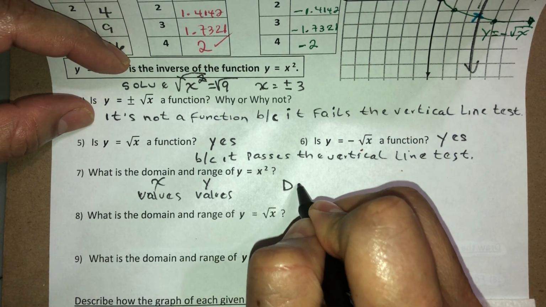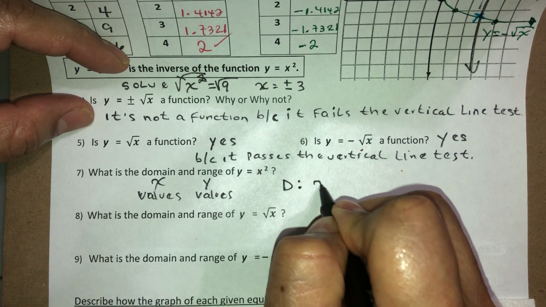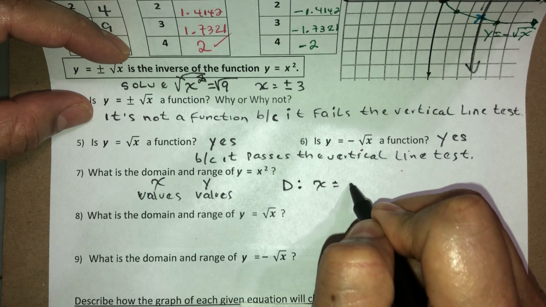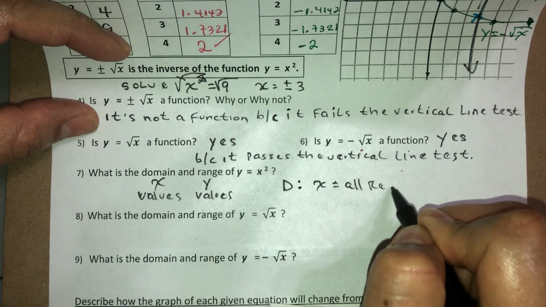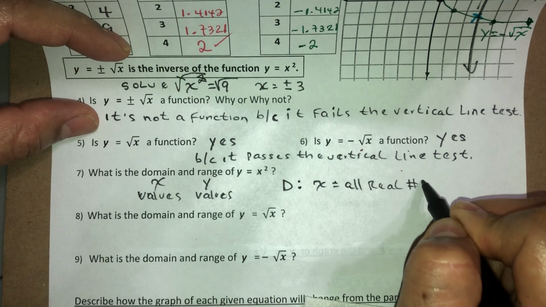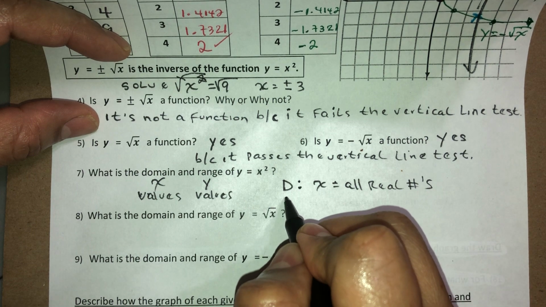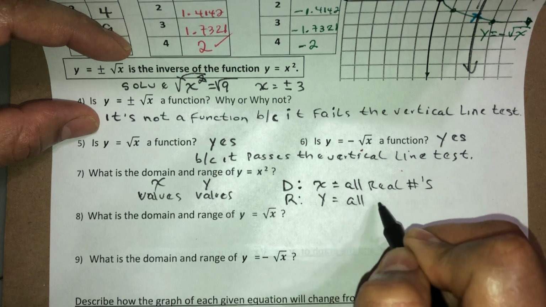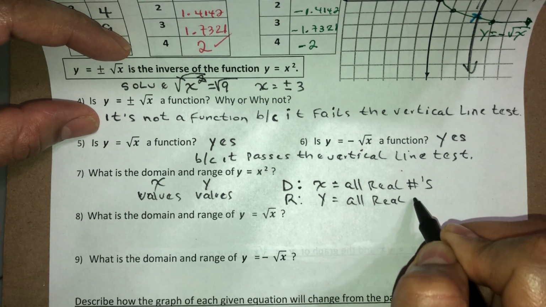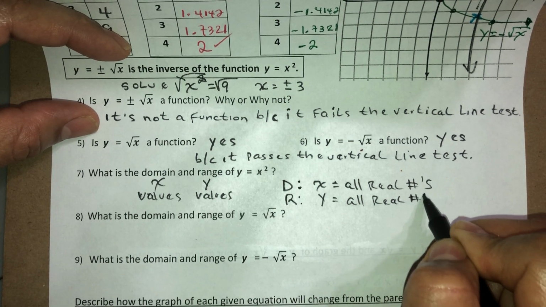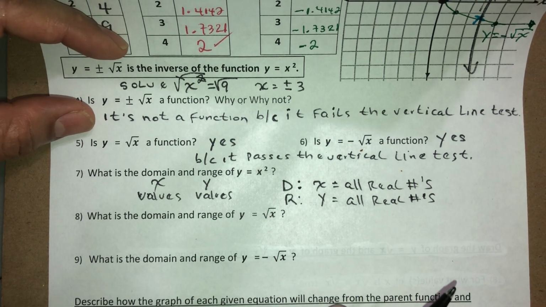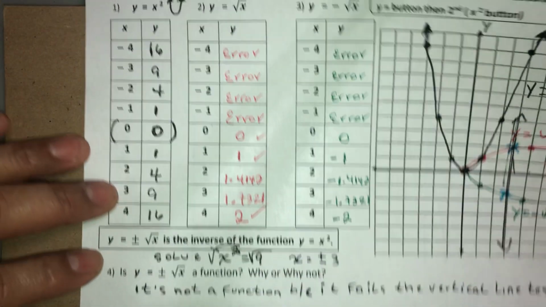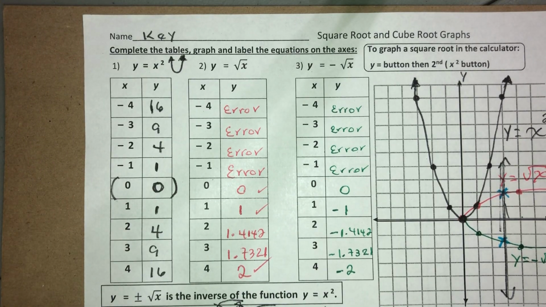The domain of the parabola, it's going to be x equals all real numbers. And the range, which is the value of y, equals all real numbers. And I'm going to explain to you why. Let's go to the table or let's go to the graph.